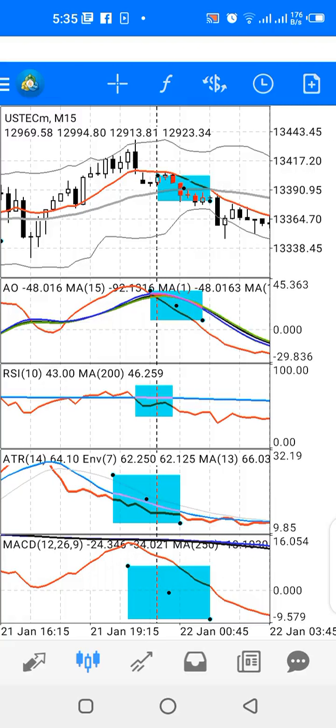If you are now confident that you know how to apply the signals, then you can open a live account and then trade and enjoy your profits. But do not go live on a new strategy. Make sure you try it on demo account. If it works for you on demo account for some time, then you can go live and enjoy the strategy.